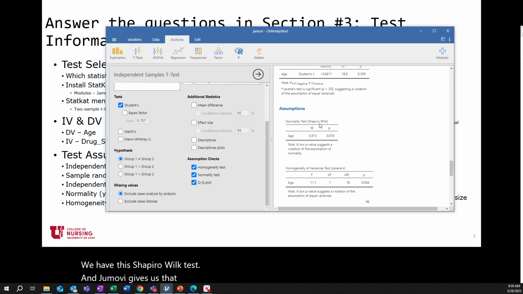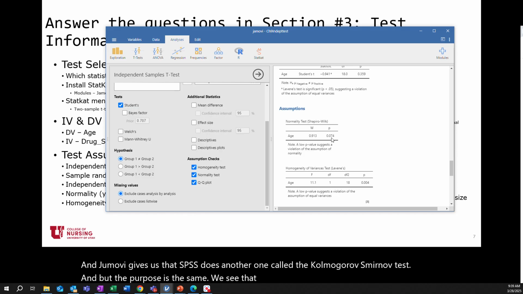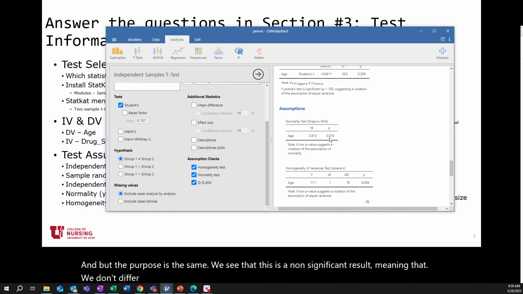SPSS does another one called the Kolmogorov-Smirnov test, but the purpose is the same. We see that this is a non-significant result, meaning that we don't differ from normality, and that's what we want to see.